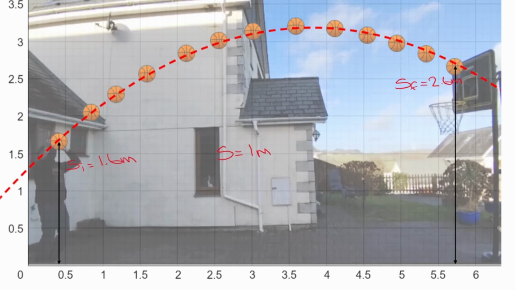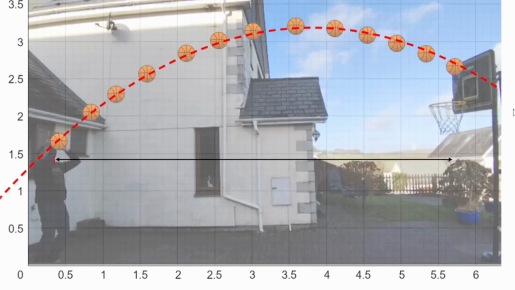I have also created a horizontal displacement. This is often referred to as the range. I'm going to call that X. From our start point, we're talking roughly 0.4 meters, and our end point is roughly 5.6 meters. If you subtract the two, we end up with a total range of approximately 5.2 meters.